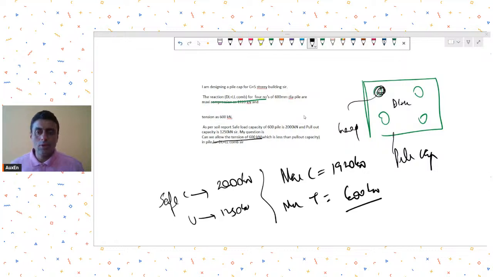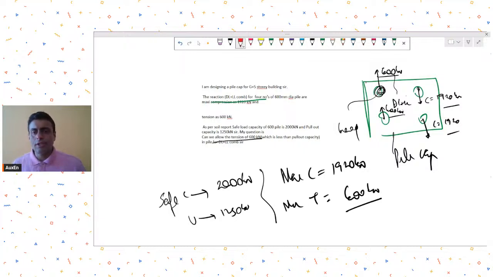The only thing that you need to check is this: let's say this was one pile cap which had four piles, and let's imagine that two piles were having compression in dead plus live combination, and two piles were having tension. Although the numeric values are less than the capacities, so you can allow, one thing you need to check is the differential settlement or the angular tilting.